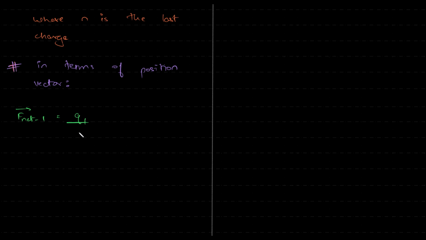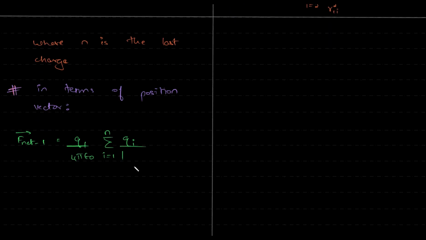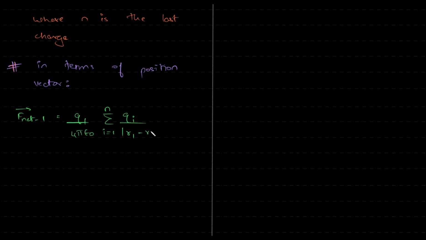So q1 by 4 pi epsilon naught, summation from 1 to n, of qi divided by... what will change over here is, in place of r1i, all I'll do is r1 minus ri square, and this also we can represent as r1.